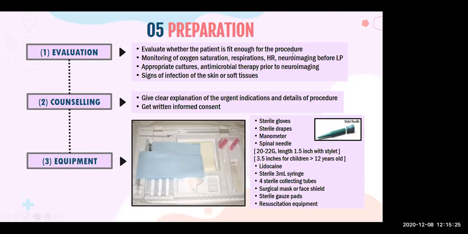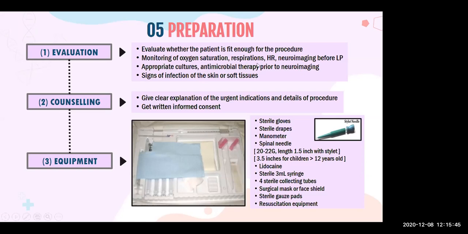For evaluation, we need to make sure that this patient is fit enough for this procedure, and for that, we need to monitor their oxygen saturation, vital signs, and any sign of infection, and also imaging before the lumbar puncture, like CT scan and MRI brain.